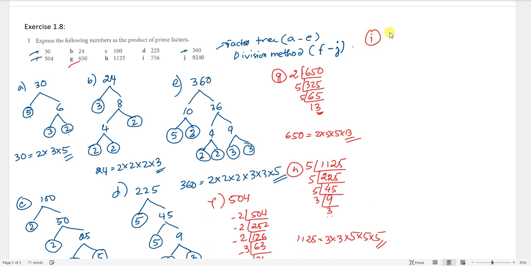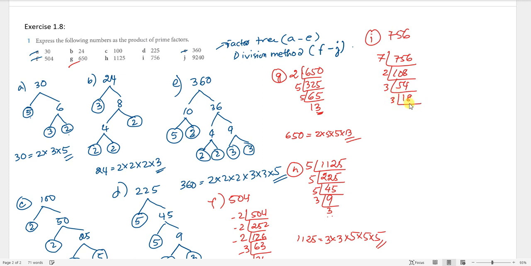We have I, 756. So I'm going to start with 7 because you can divide this number by 7. I'm going to get 108. Divided by 2, you'll get 54. Divided by 3, we're going to get 18.